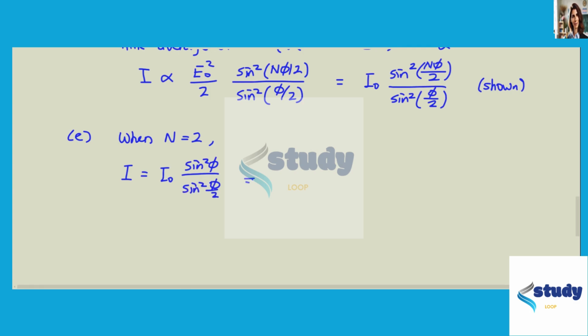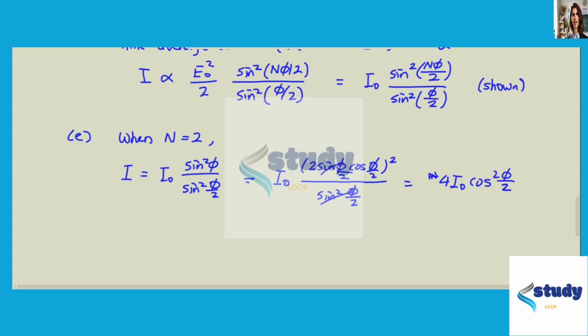Then we will use the double angle formula for the numerator: 2 sine phi over 2 cosine phi over 2, and this whole thing is squared, divided by sine squared phi over 2. The sine term cancels out, so you get 4 I naught cosine square phi divided by 2.